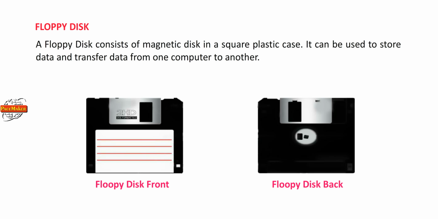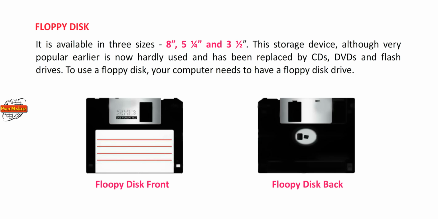Floppy disk. A floppy disk consists of a magnetic disk in a square plastic case. It can be used to store data and transfer data from one computer to another. It is available in 3 sizes: 8 inches, 5 1/4 inches, and 3 1/2 inches. This storage device, although very popular earlier, is now hardly used and has been replaced by CDs, DVDs, and flash drives.